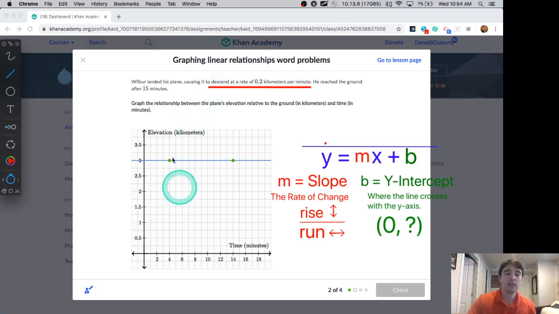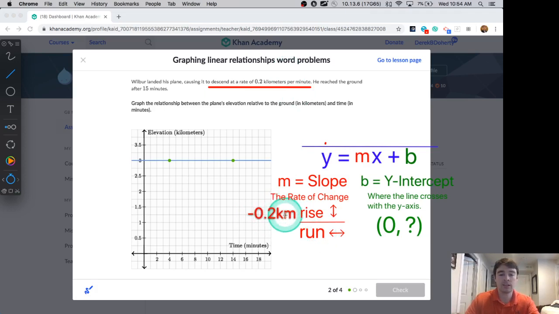So here, if elevation is measured on the y-axis, we know for our pal Wilbur that the y is going to be measuring his speed of 0.2 kilometers. That's the y change. And it's going to take him every minute he loses 0.2 kilometers. It's a descent, that's why it's negative.